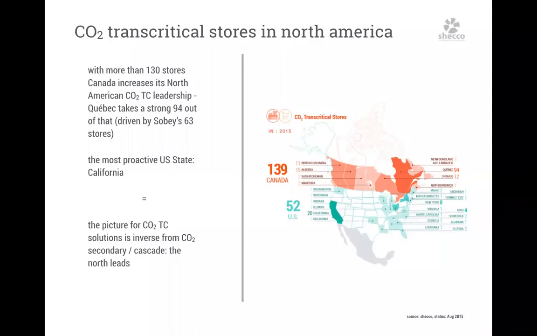The most proactive US state is, again, California. So we see that these two, Quebec and California, are really making a step forward when it comes to the use of natural refrigerants in different applications. So the situation isn't worse, as I was saying. The north is leading. So in lower ambient temperatures and colder climates, the use of CO2 transcritical stores is more pronounced.